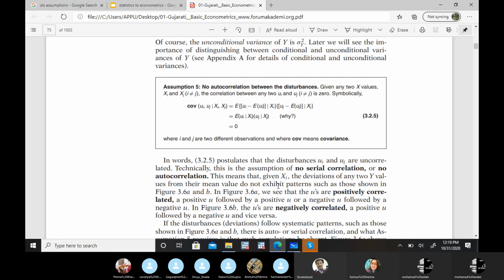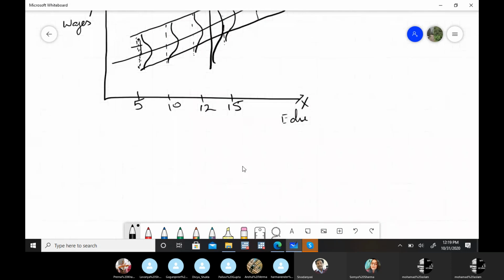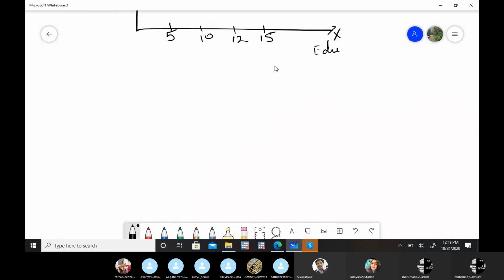Now, what it means is, let me take another example. Let's suppose you have data for now. This is your model: y hat equals beta 1 hat plus beta 2 hat x, plus u hat.